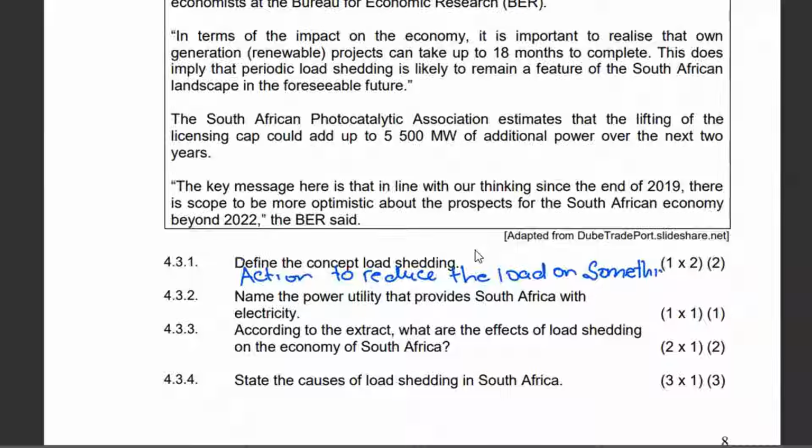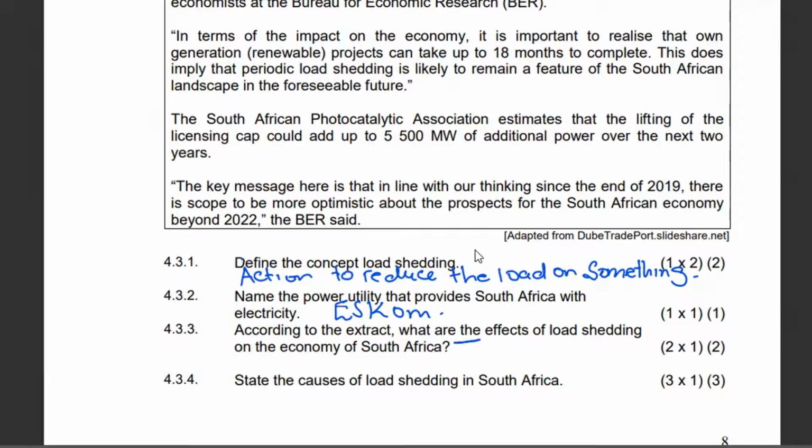That is load shedding. Name the power utility that provides South Africa with electricity. That is called Eskom. We get our electricity from Eskom. According to the extract, what are the effects of load shedding to the economy of South Africa?